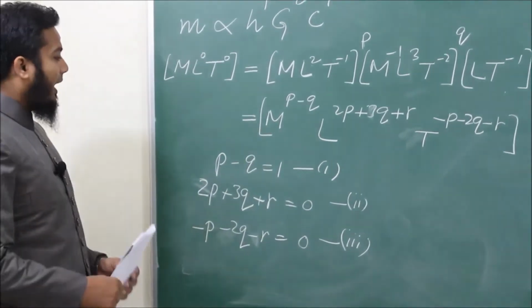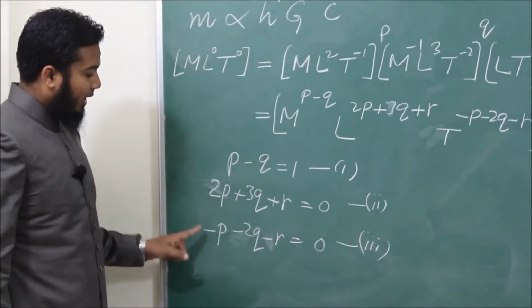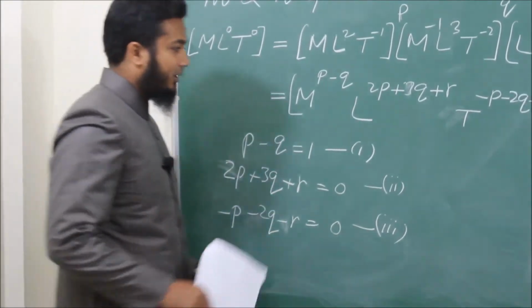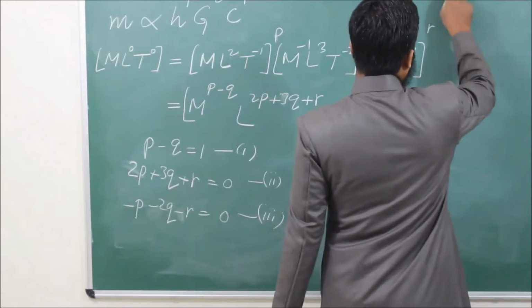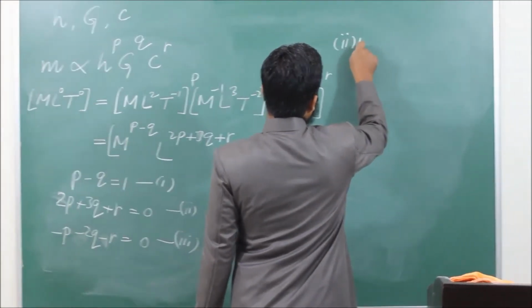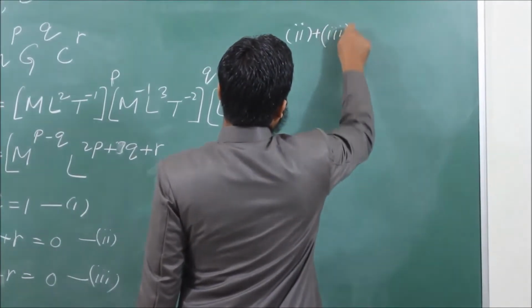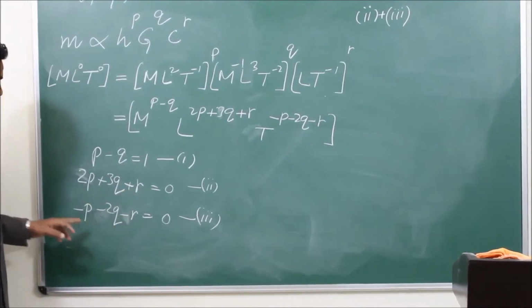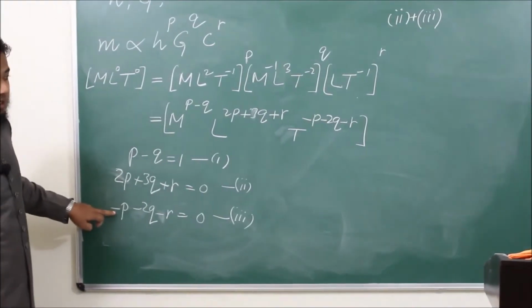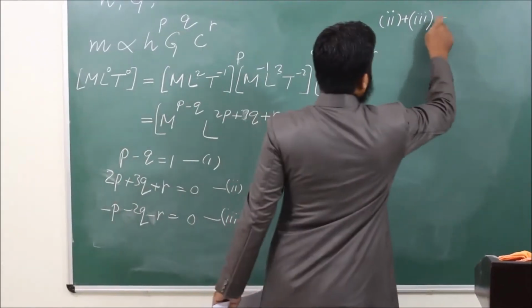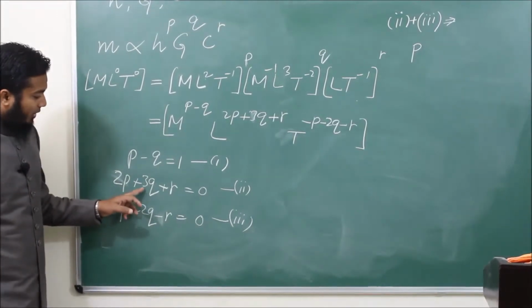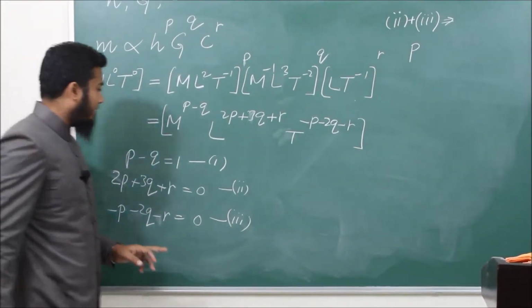Now if you add equation 2 and equation 3, you can see r will be eliminated. So adding equation 2 and equation 3, r will be cancelled out, and it will give you 2p minus p, which is just p, and 3q minus 2q, that is q.